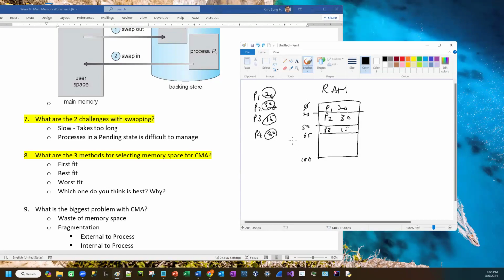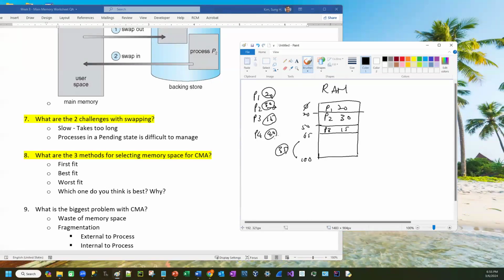I can't put it in, right? Because how much do I have here? I only have 35, right? So I have an issue. But anyway, the order in which this is being put in is called first fit. Okay? First fit. In other words, in the beginning, it doesn't really matter because there's enough space.